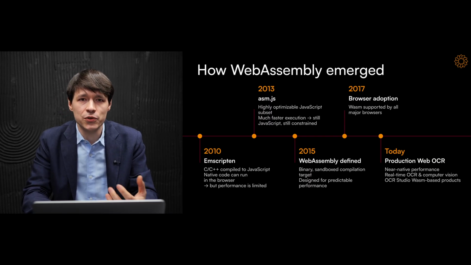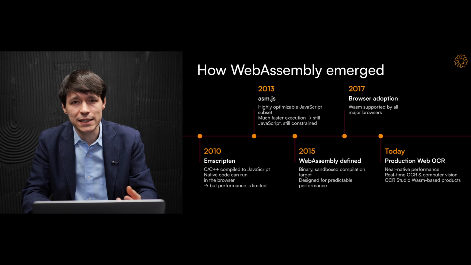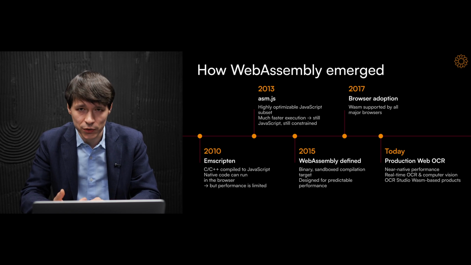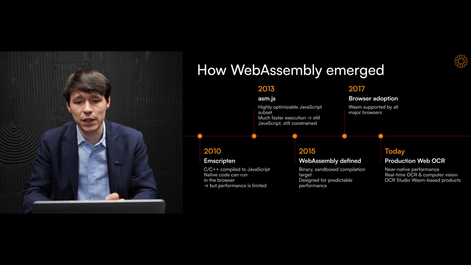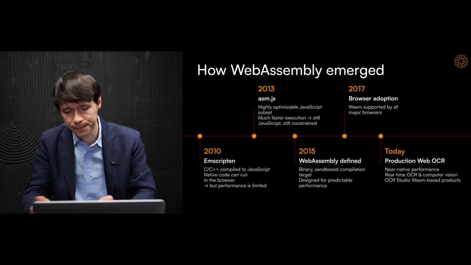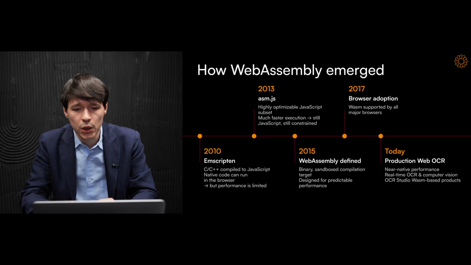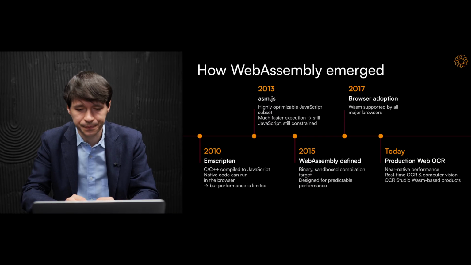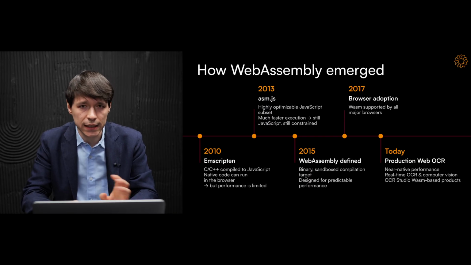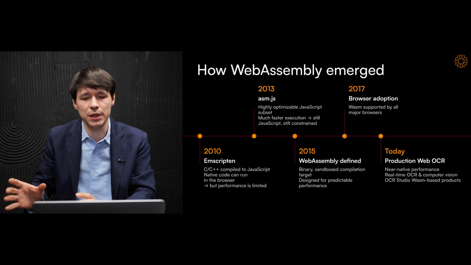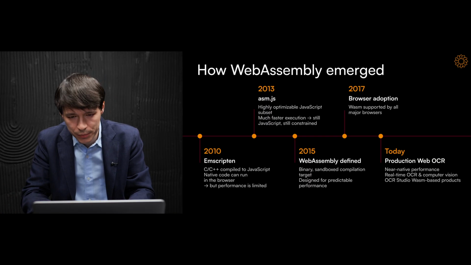As applications grew more demanding, especially in cryptography, especially in handling cryptocurrencies, computer-aided design, gaming, and so on, developers needed something more powerful. Around 2010, work on Emscripten began. It was an LLVM, the low-level virtual machine-based toolchain that could compile C and C++ code into JavaScript.